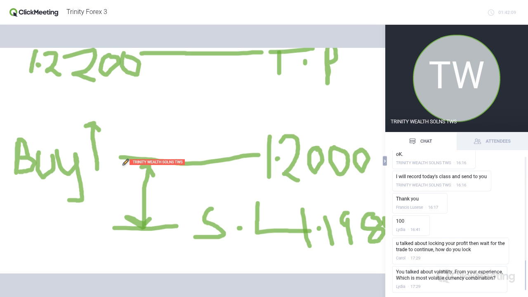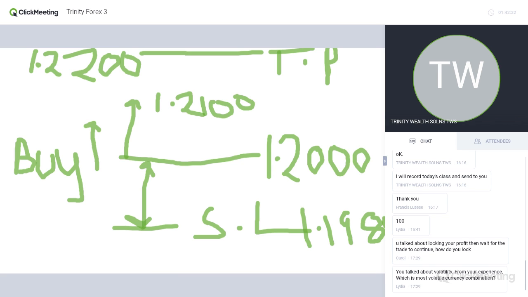So the market starts moving up. You buy, then it starts moving in your favor. Then it reaches somewhere here, and this price, let's say somewhere like 1.2100. The market is still moving up. At this level, remember we said there is nothing guaranteed.